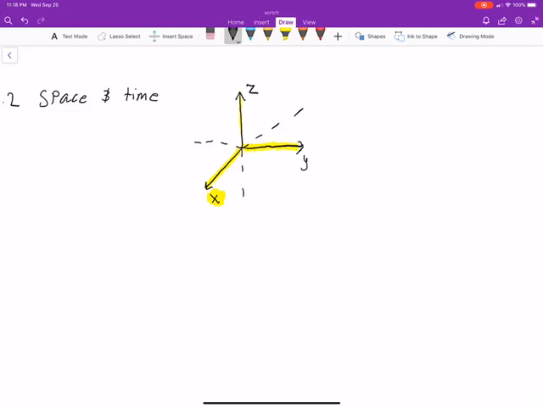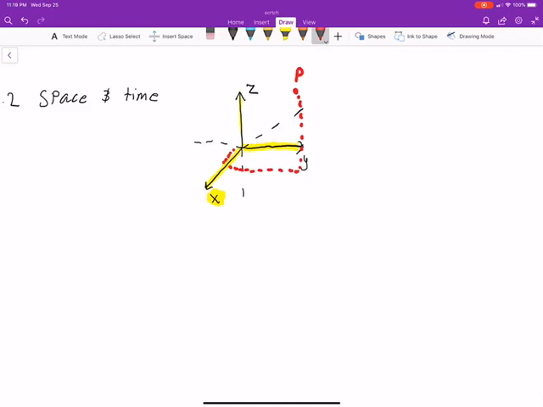So let's say we have some random point here, and I'll use red. Why not? Let's say we have point P. First off, let's talk about how we get there. The way you get there is you walk some distance along the x-axis, then you go some distance in the y-axis, and then you go some distance up in the z-axis.